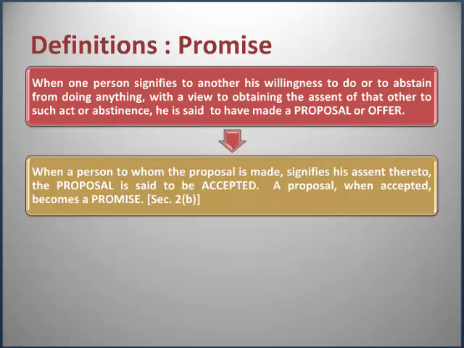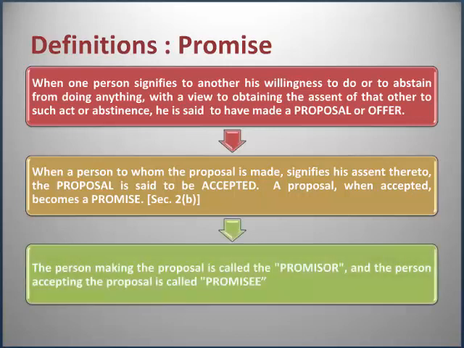Section 2 clause B says, a proposal, when it is accepted, becomes a promise. So a promise is basically a proposal made by somebody and accepted by another person. The party making the proposal is called the promisor, and the person accepting the proposal is called the promisee.